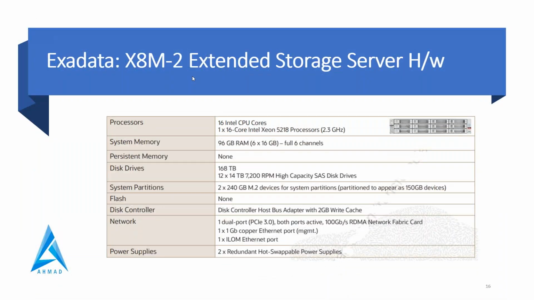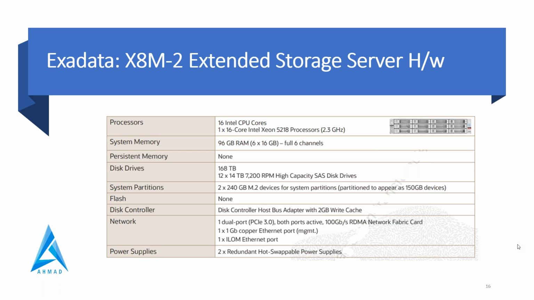Now come to the extended storage server. This is the third server, which was also introduced in Exadata X8. This is the new one which comes in Exadata X8, but I'm talking about Exadata X8M too.